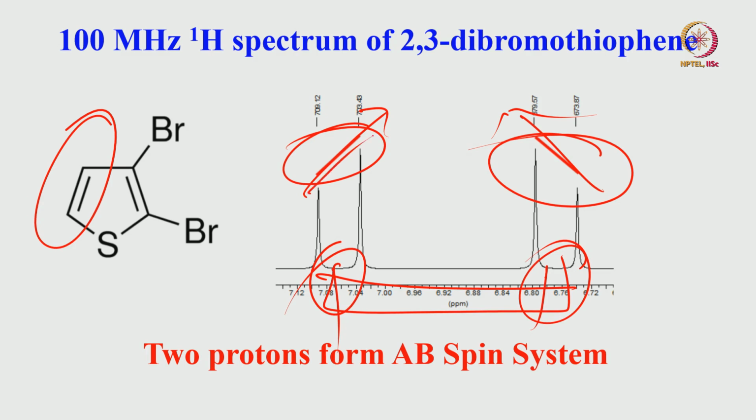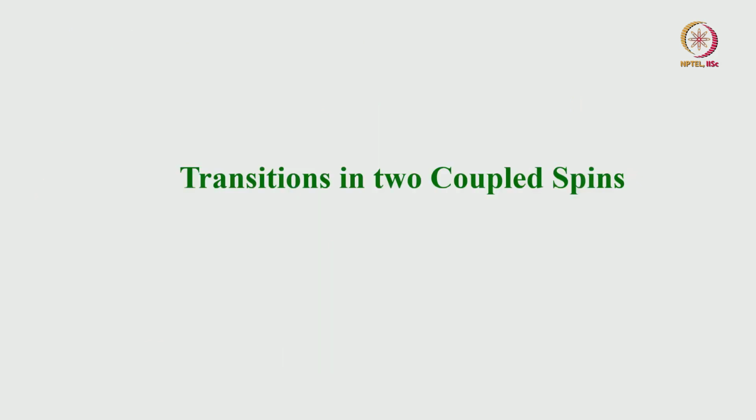But if you look at the intensity pattern, there is an AB character. This has a minute AB character in the AX spin system. So, it could be AB because of the intensity. If you look at the chemical shift, it could be AX. So, it is the AX with a minute AB tinge in that. Because intensities are not equal, you have to calculate the spectrum because it is a strongly coupled case.